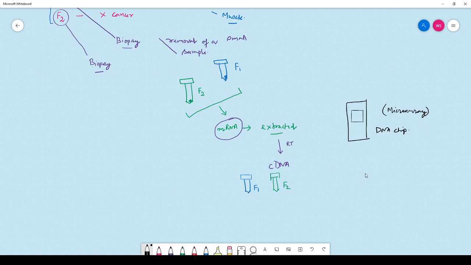So what is a microarray? Let us discuss what is a microarray.